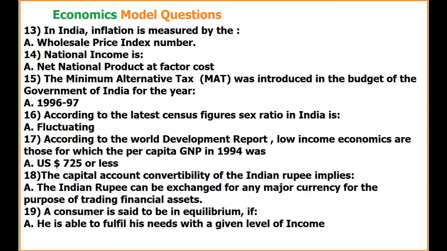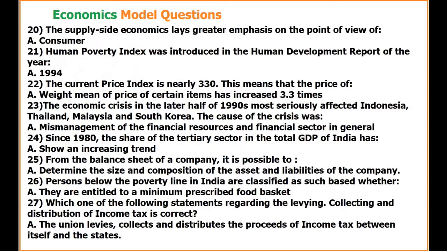The 19th one: a consumer is said to be in equilibrium if, the answer is he is able to fulfill his needs with given level of income. And the 20th question: supply side economics lays greater emphasis on the point of view of consumer.